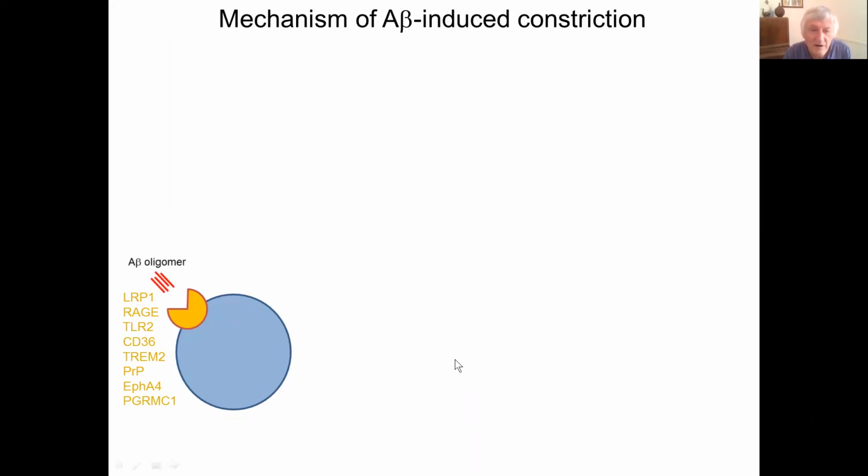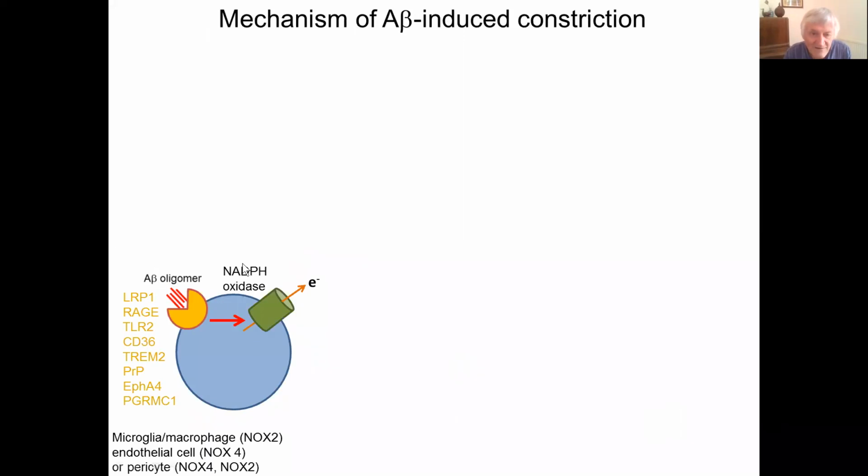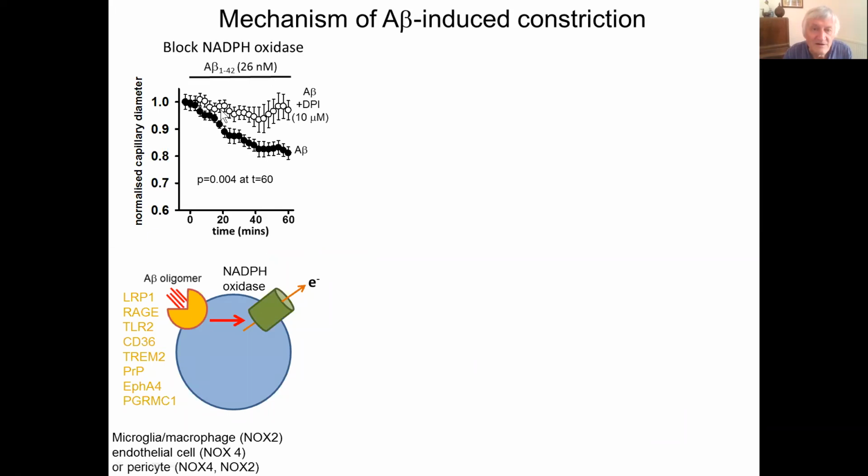When the A-beta oligomer binds, it's proposed to activate NADPH oxidase in certain cells, either microglia or endothelial cells or pericytes. And that, interestingly, if we block NADPH oxidase with this drug diphenyliodonium, which isn't very selective, but anyway, then we block this constriction of the capillary.